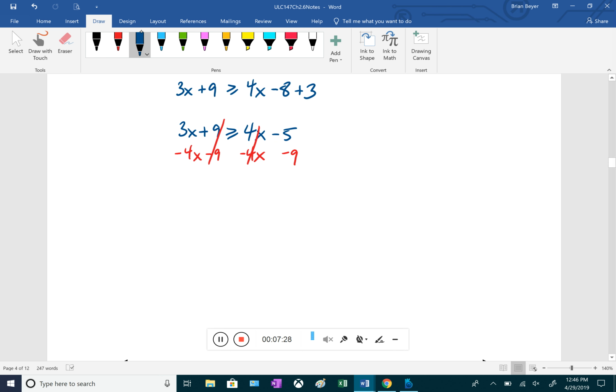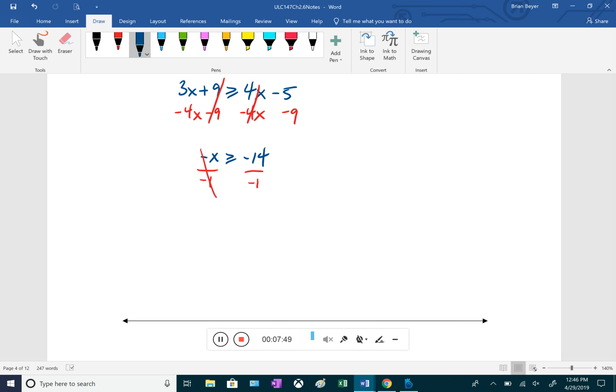So 3x - 4x gives us -1x, and then -5 - 9 gives us -14. So we have -x greater than or equal to -14. We have to get rid of this negative. We can divide both sides by -1, or you could have multiplied both sides by -1.